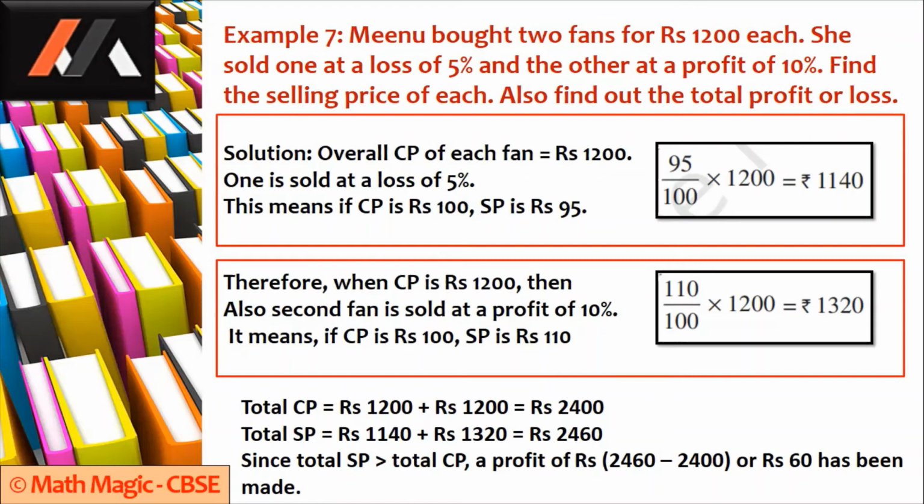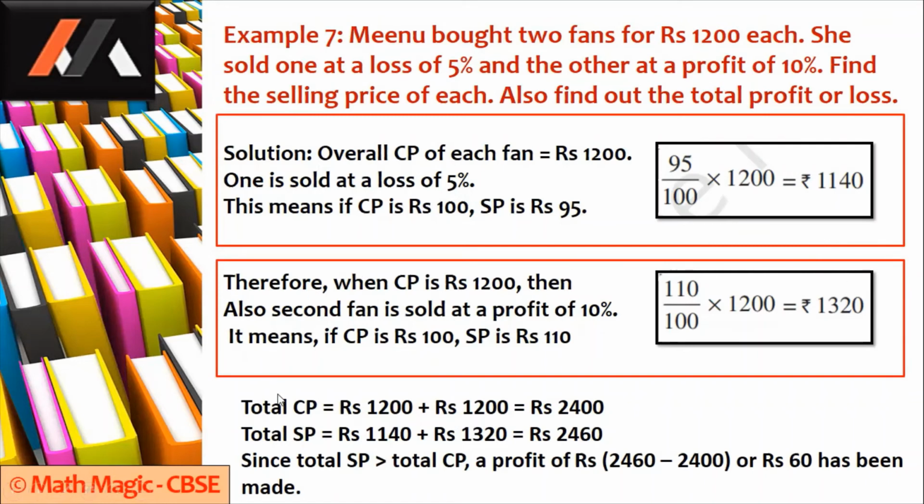We have found out the selling price of the fan when the cost price is 100. Now we have to find the selling price when the cost price is 1200 and the profit percent is 10. So 110 by 100 into 1200 is equal to 1320. Now the first case, the selling price was 1140. Second case, it is 1320.